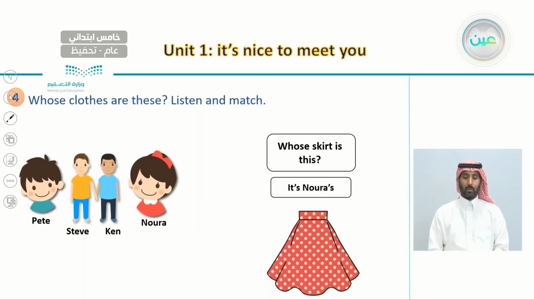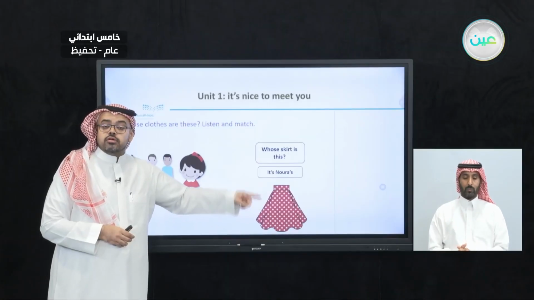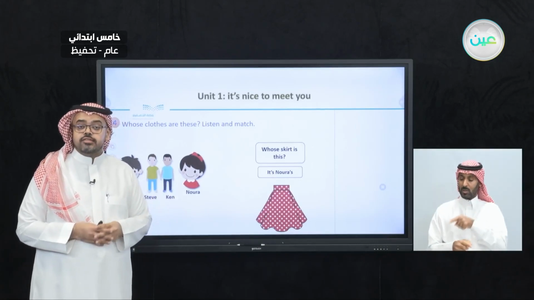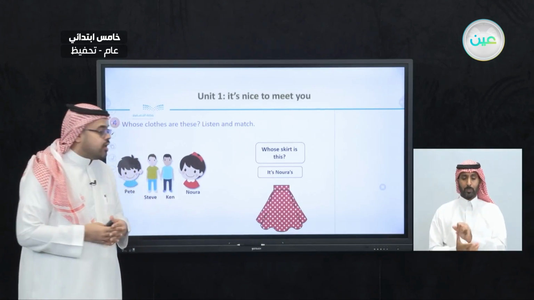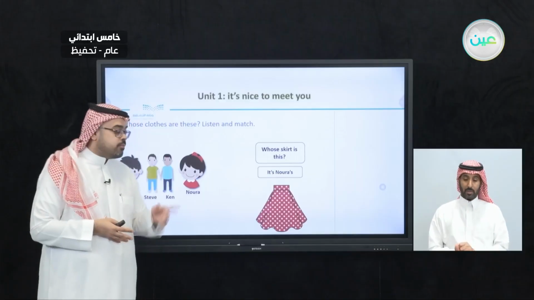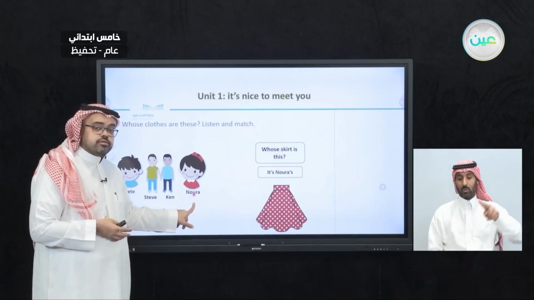So, the second one, whose skirt is this? Who is the person that this skirt belongs to? And here we can answer by saying the name of the person. We can say, it's Nora's.